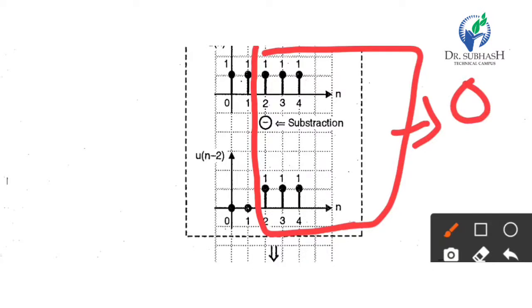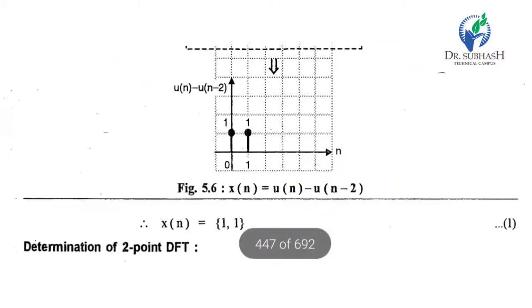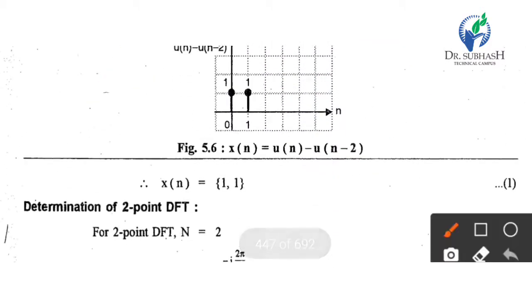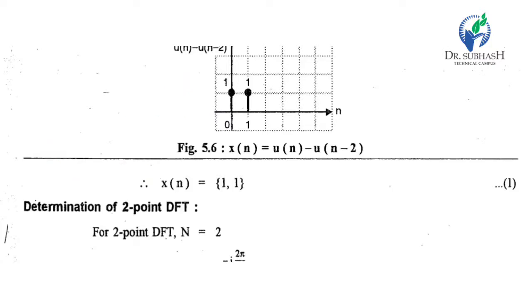So u of n minus u of n minus 2 becomes only the first 2 samples. After subtraction, x of n equal to 1 1.